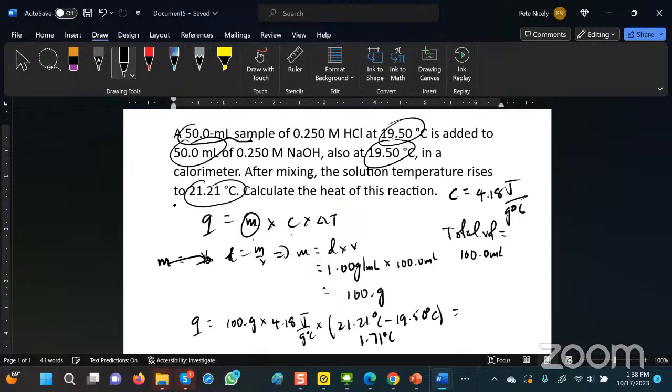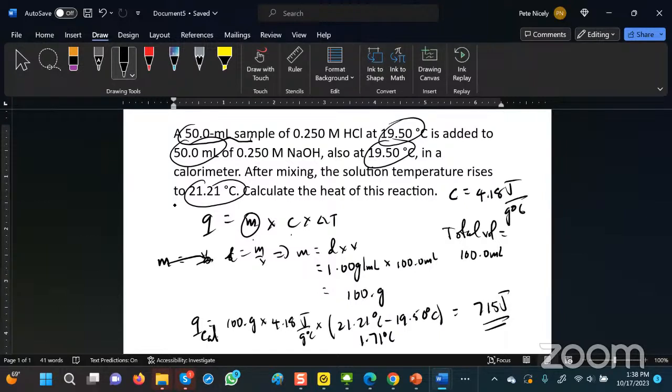And then I'm going to multiply that by 4.18 times 100. And according to my calculation, this works out to be equal to 715 joules. All right. So that would be q of the calorimeter, right?